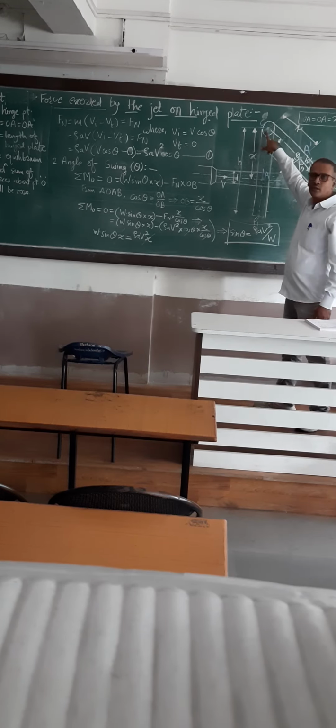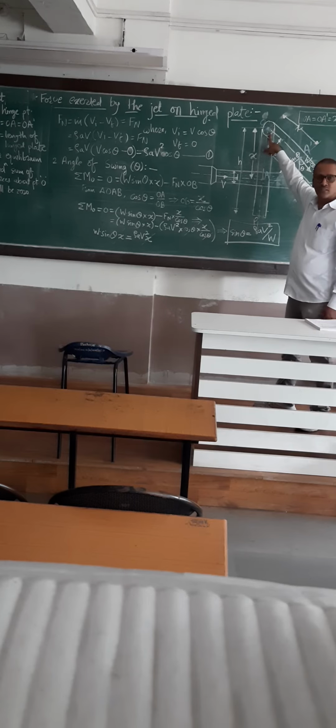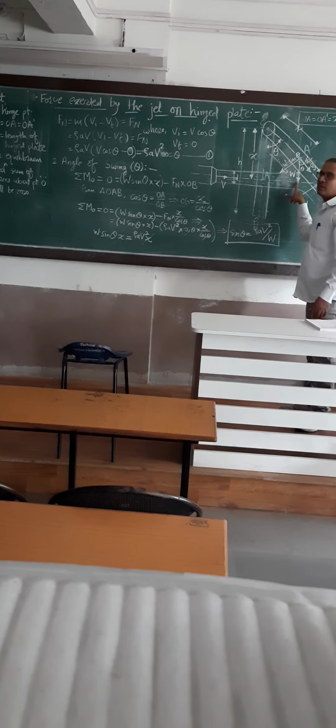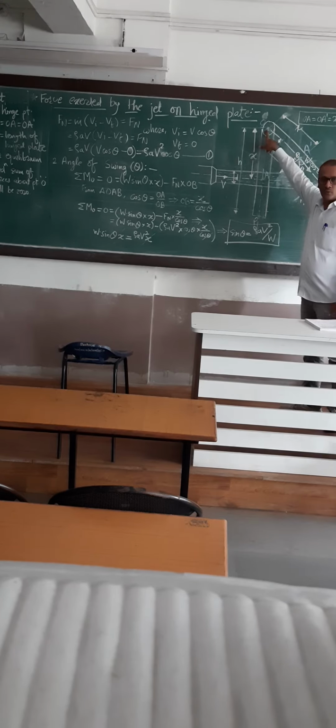Now to find this swing angle theta, we have to take moments about hinge point O. The summation of moments is equal to 0. There are two forces acting on the plate: the weight of the plate and the normal force exerted by the jet. Taking moments about point O, we have W sin theta into OA dash.